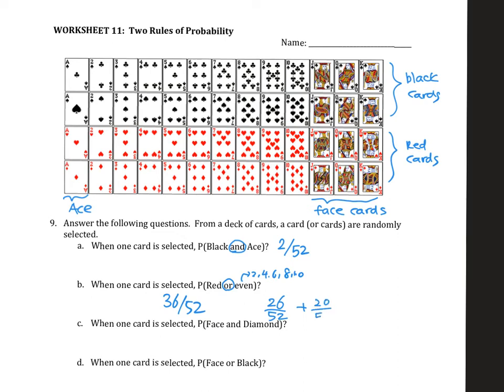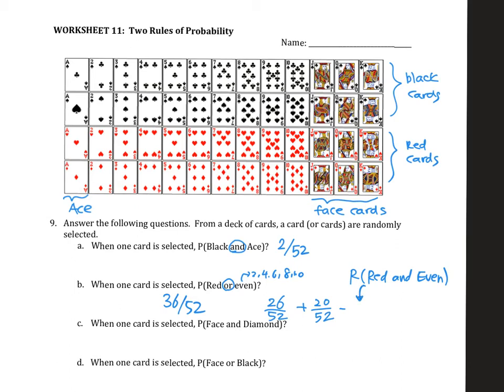So there are 20 total even number cards. So far I have 26 red cards plus 20 even cards. If I stop there, I have 46, but I know there aren't 46 of those, because there are a set of cards that got counted twice, which is red and even. So I have to subtract the probability of red and even.